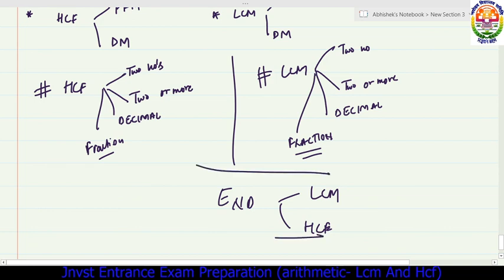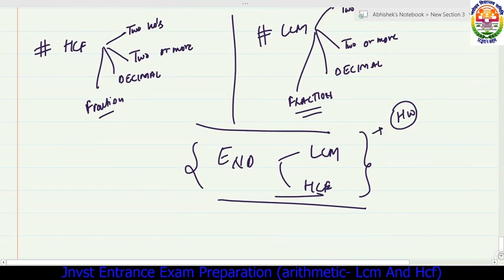I hope you will cover this, and I will write the homework at the bottom. Homework: you will find the LCM. First question, 12, 28.